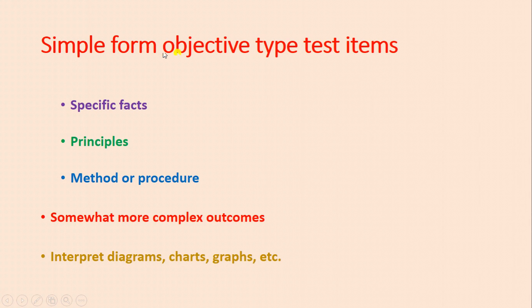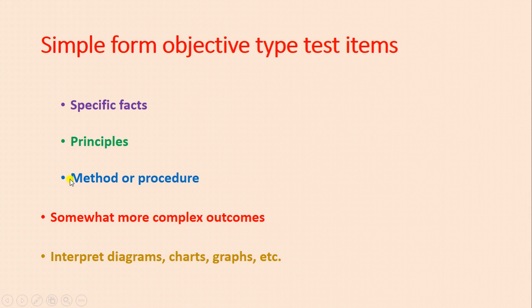So in simple form objective type test, we can test and evaluate principles, ethics regarding some things, rules regarding some things, values regarding some things, or codes regarding something. So these types of things we can test through simple form objective type test.